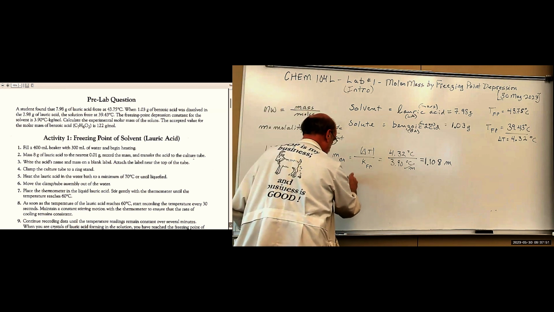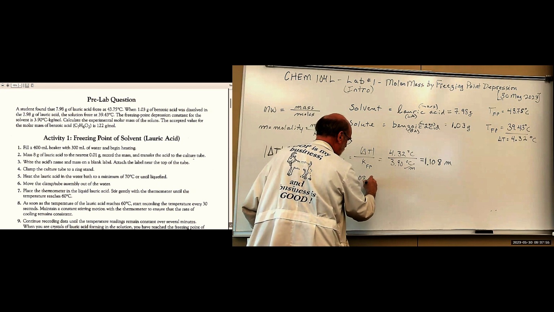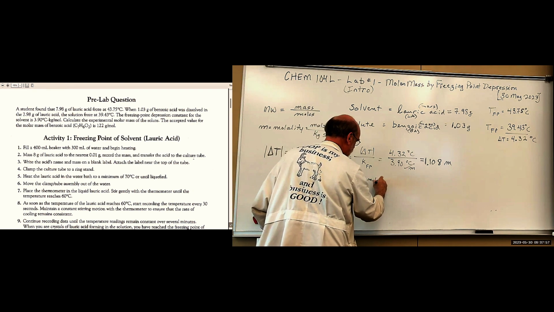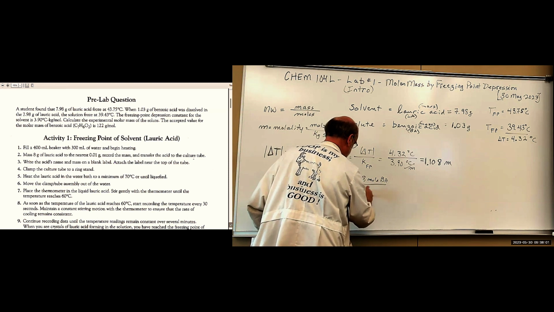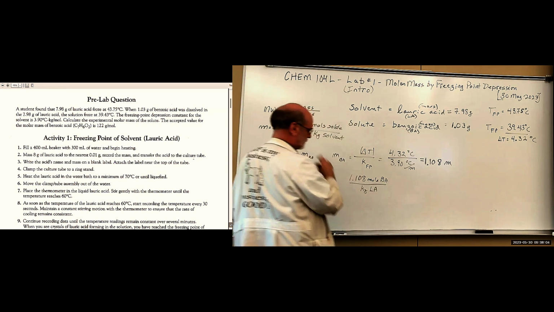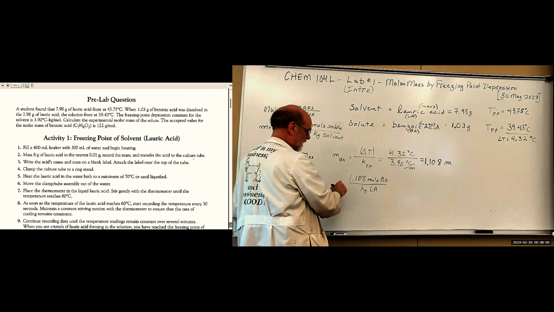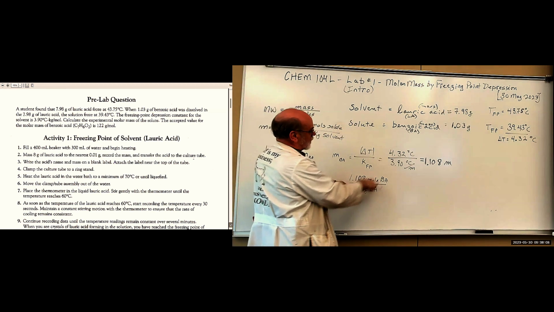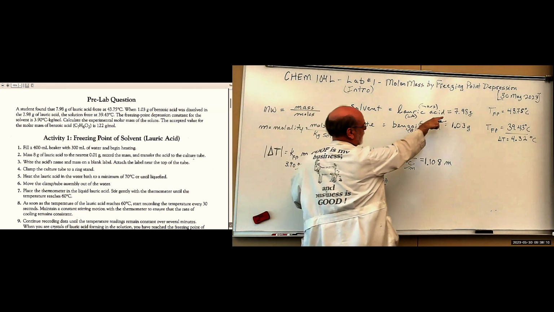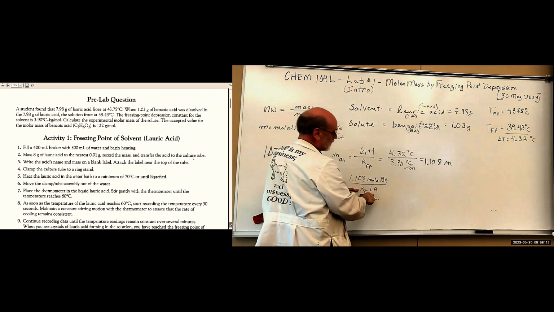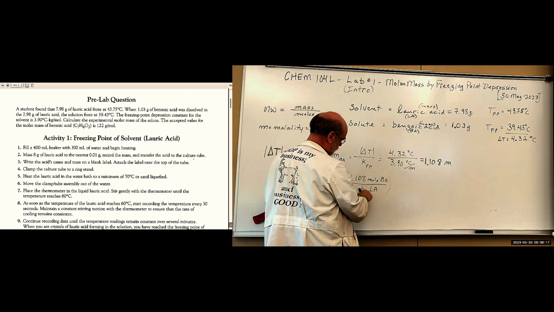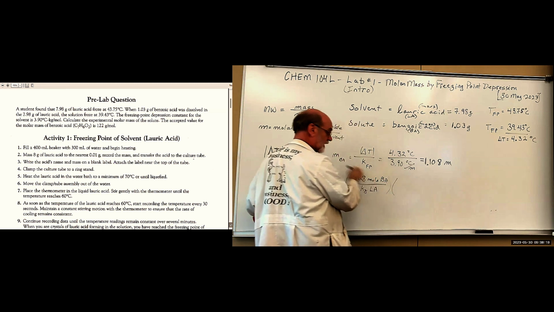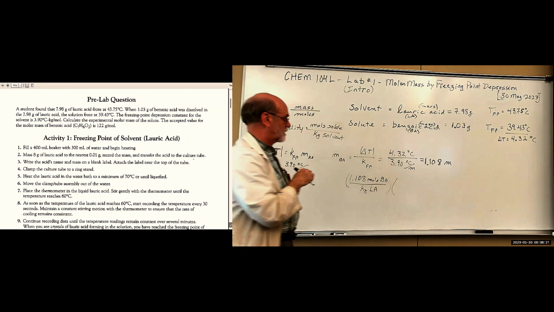So this is 1.108 moles benzoic acid per kilogram lauric acid. So we know how many kilograms, well, after we make the conversion. So if we multiply kilograms times this value, it will cancel kilograms of lauric acid and leave us with moles of benzoic acid.